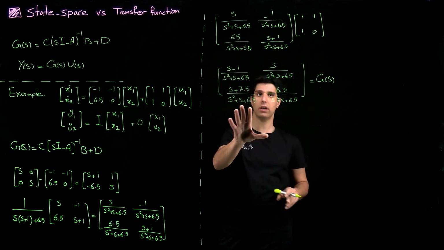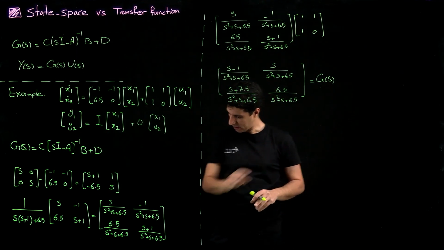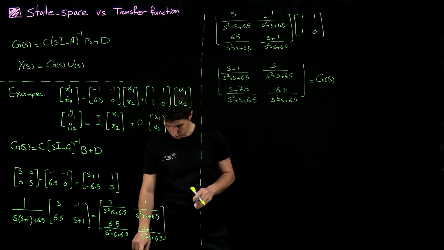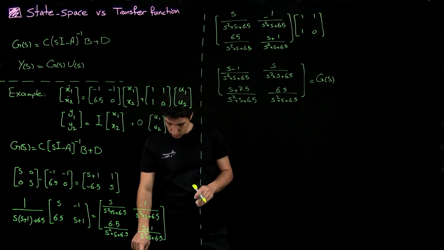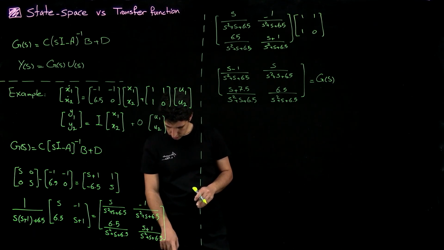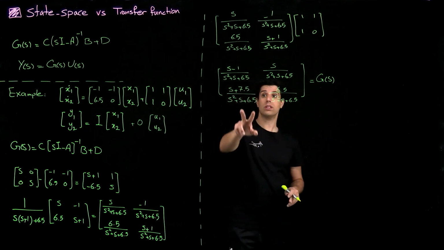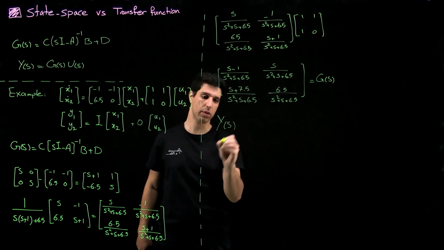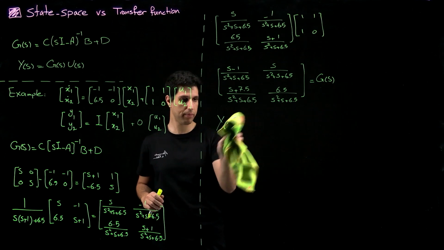So essentially, let me just double check that I have it correct. Yes. Good. I was not wrong. Okay. So this is G of S, and now my Y of S, let me write it as a vector.